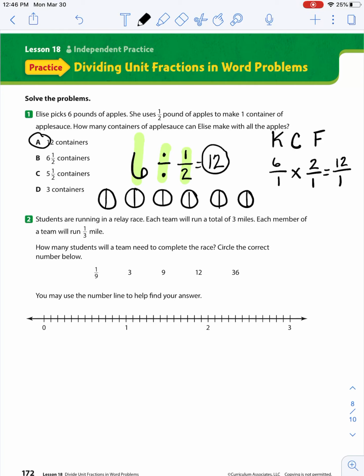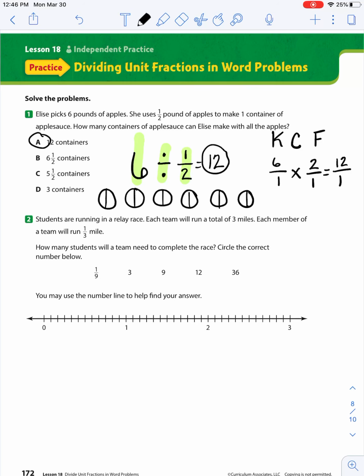Okay. Number 2. Students are running in a relay race. Each team will run a total of 3 miles. Each member of a team will run 1/3 mile. How many students will a team need to complete the race? Circle the correct number below, and you may use the number line to help you. Okay. Each team will run a total of 3 miles.